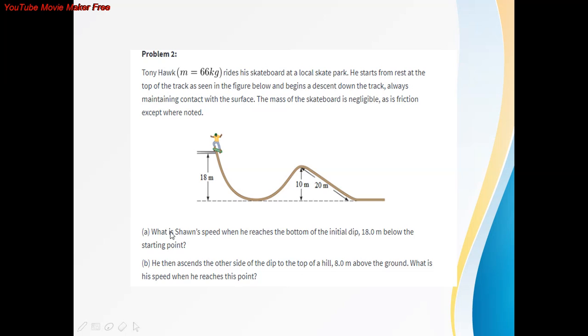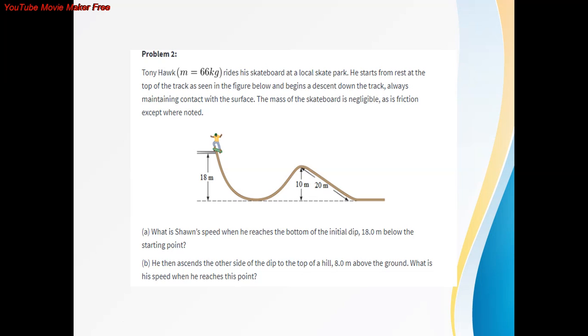Now, what is the person's speed when he reaches the bottom of the initial dip? We have to find the speed when this person reaches this point, that is 18 meter below, from here to here. And another question is when he again ascends to the top of a hill, this point, the 10 meter.